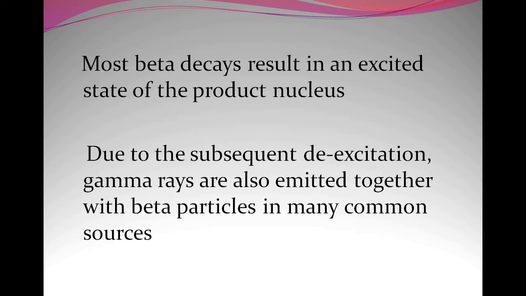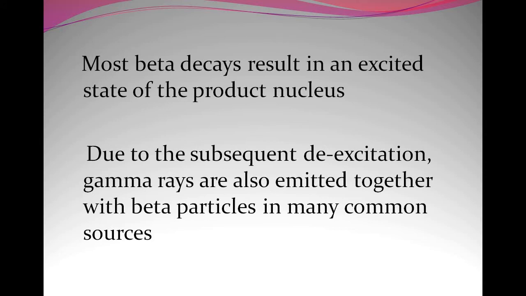And if you are initially assuming that your parent nucleus is at rest, in order to conserve the momentum, the products will be emitted in opposite directions. These things are known to us.